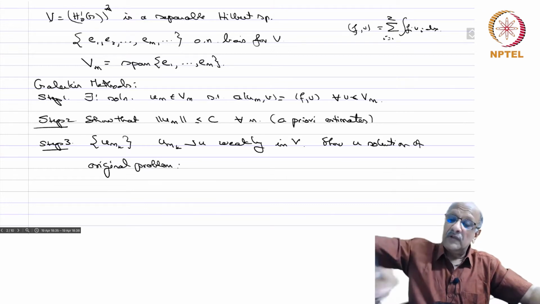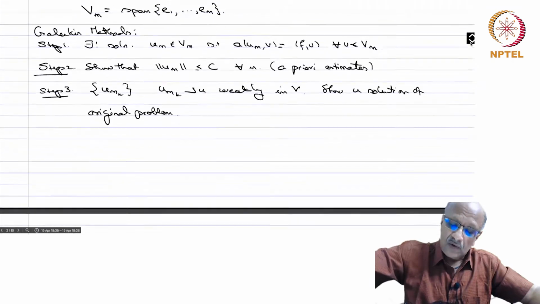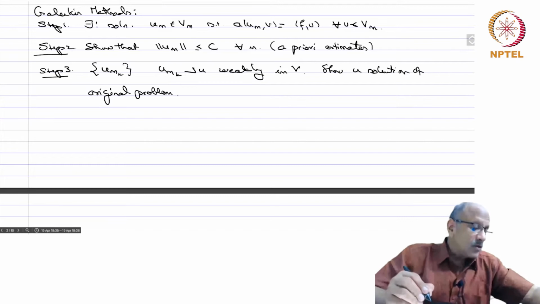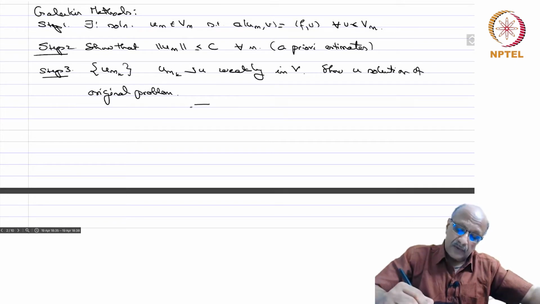This is where we will have to use the properties of the bilinear form, linear form, and so on. So let us go and execute this program.